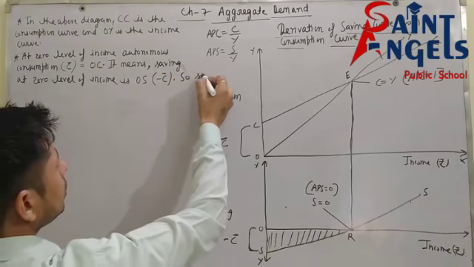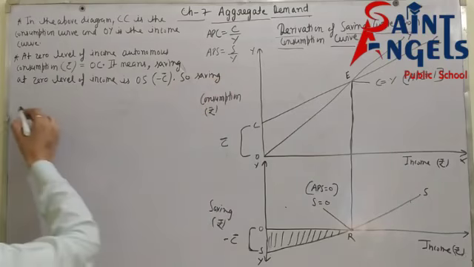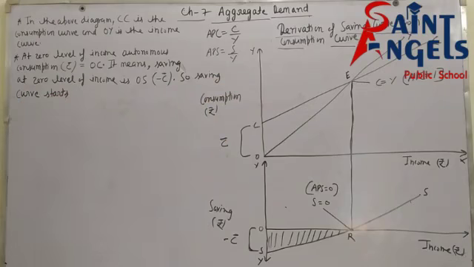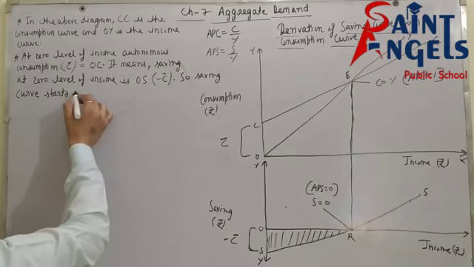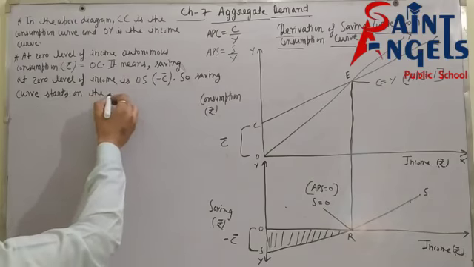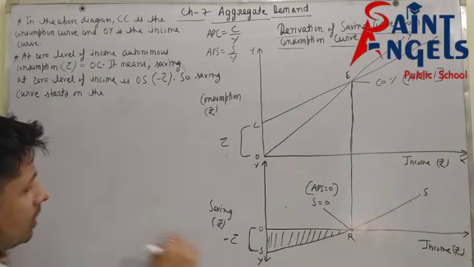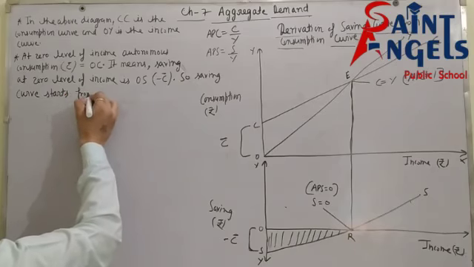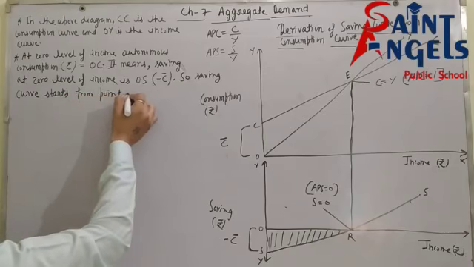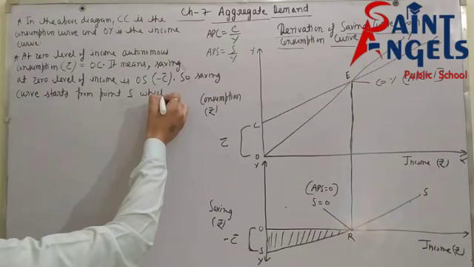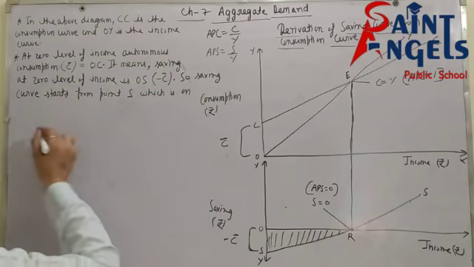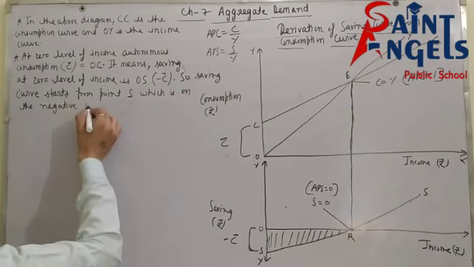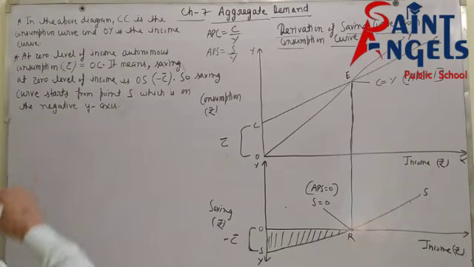So the saving curve starts from the point S, which is on the negative y-axis.